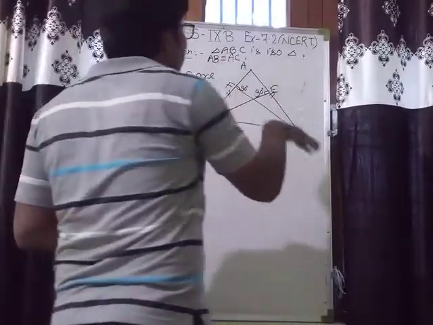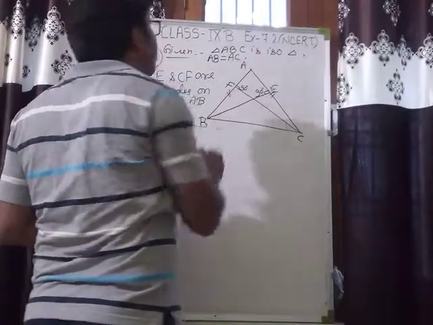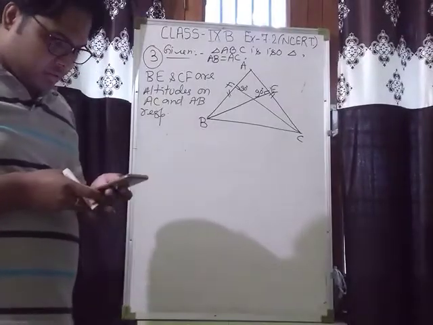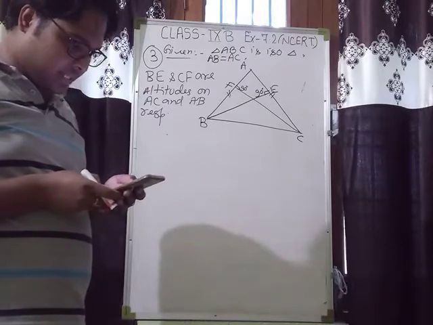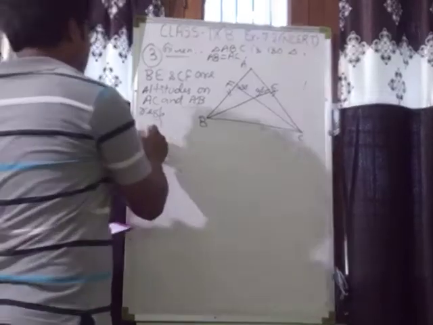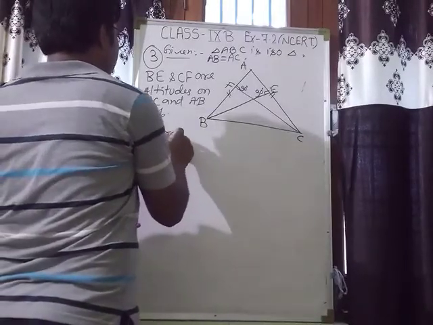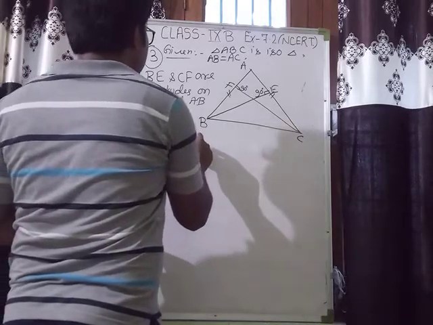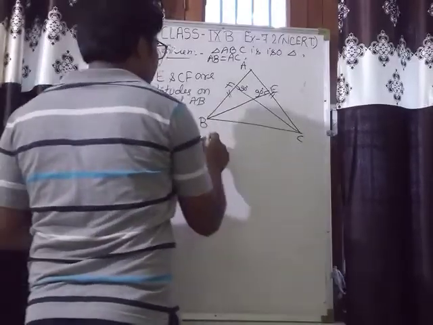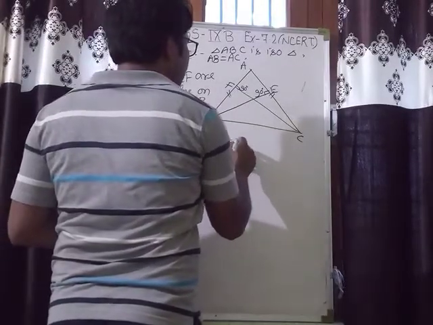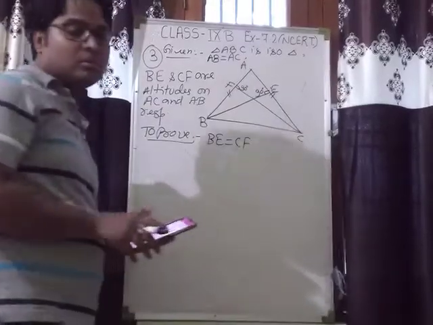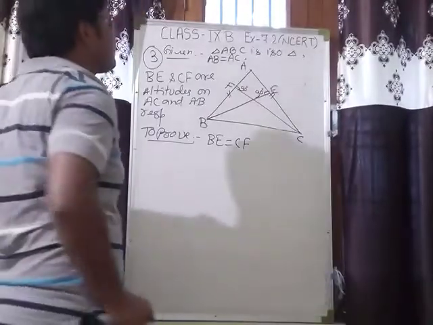That's why we conclude that AC and AB are equal. We have to prove that these altitudes are equal, that is, BE and CF are equal.